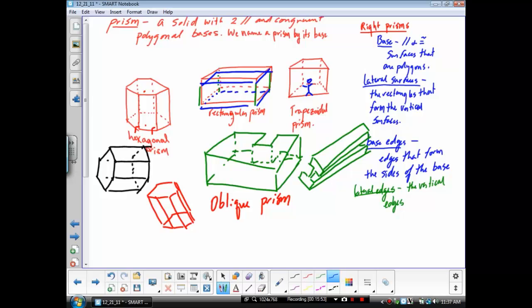But where any two edges come together, that point where they meet is a vertex of the polygon. Okay? So where your edges come together and form points, you are getting the vertices of the polygon. Not of the polygon, well, polygon yes, but also of the prism.